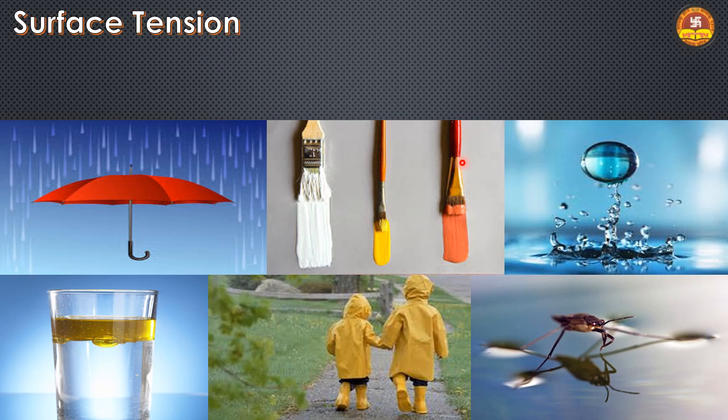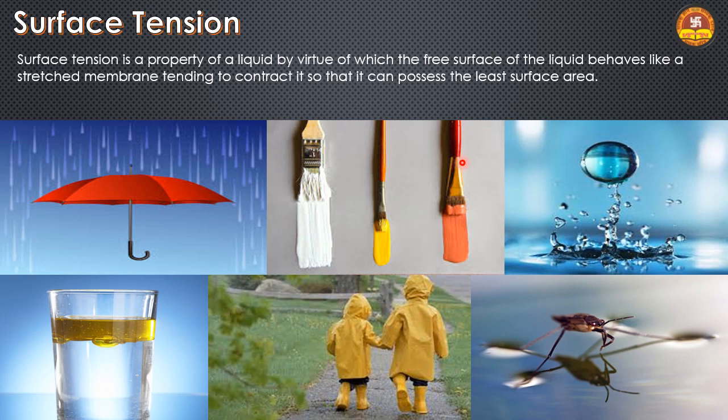Because of surface tension, water takes the shape of small spherical droplets and rolls down over the clothes of an umbrella or a raincoat. Hence, surface tension is a property of a liquid by virtue of which the free surface of the liquid behaves like a stretched membrane tending to contract so that it can possess the least surface area.